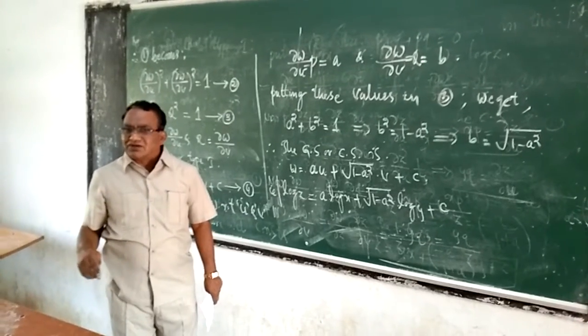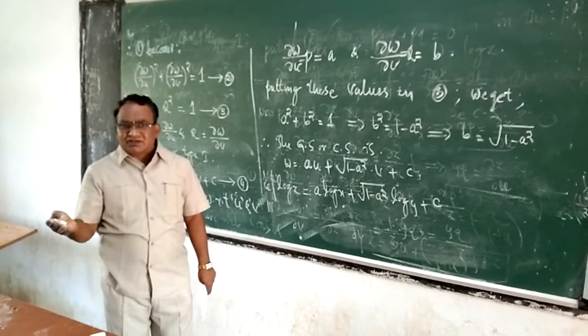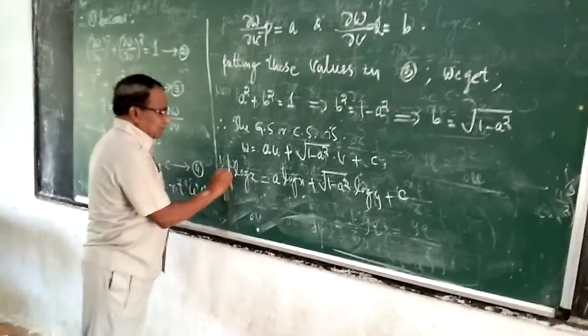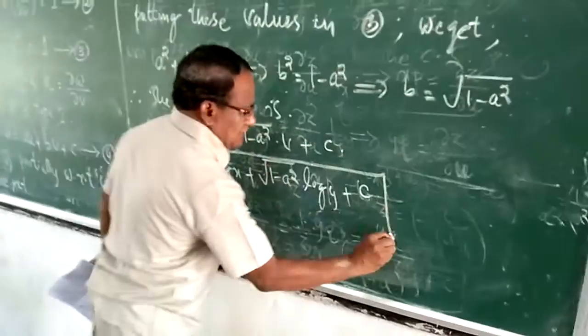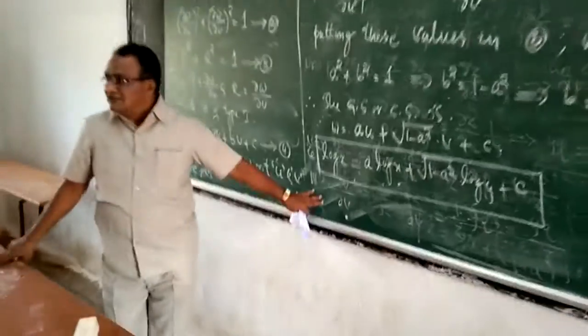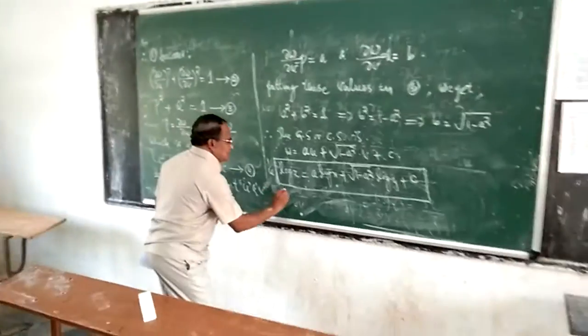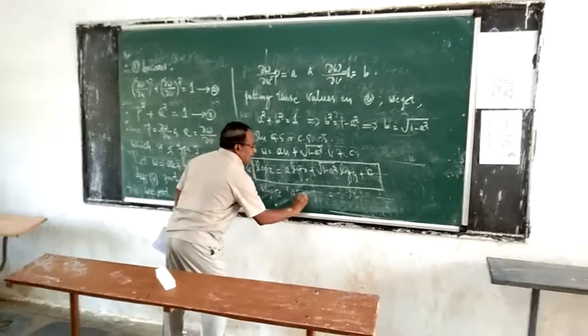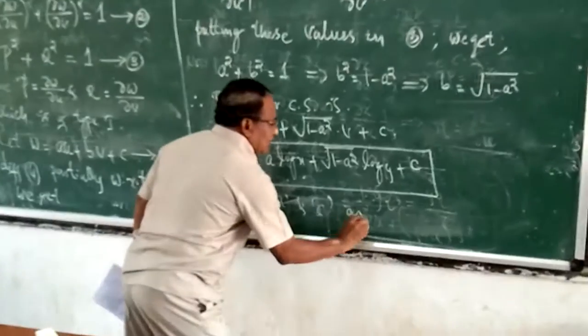Those are our substitutions. So finally your solution must be in terms of x, y, z. Okay, this is the required complete solution. Finally, you have to write where a and c are arbitrary constants.